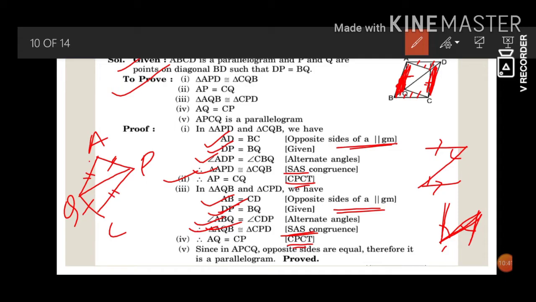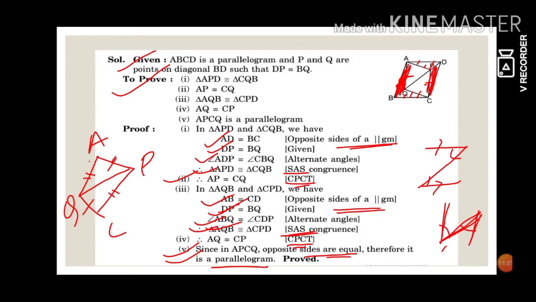Since two opposite sides are equal, we can say it is a parallelogram. So our fifth subpart, that is APCQ, to prove it as a parallelogram, we can use subpart 2 and subpart 4.